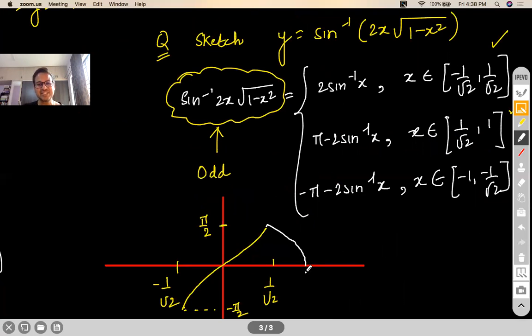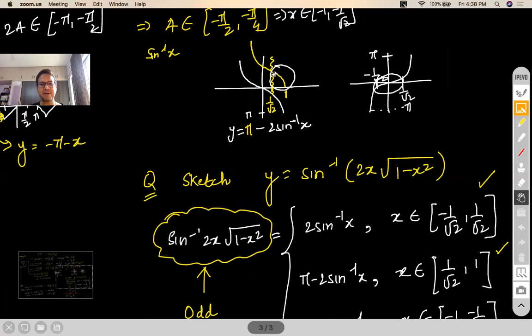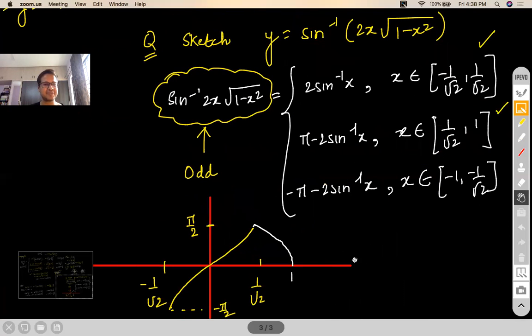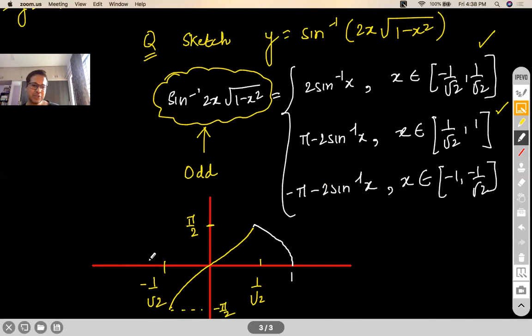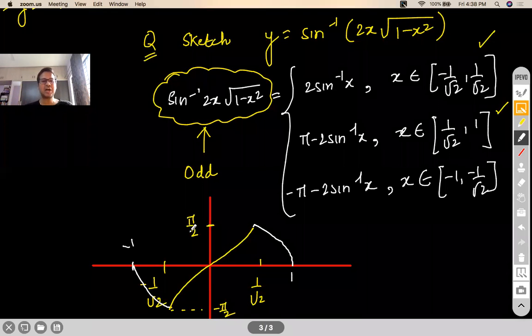This will be the part which is going to be useful. And as I told you, this function will be symmetric about the origin because it's an odd function. The other part will look like this. So this is how the graph is going to look.